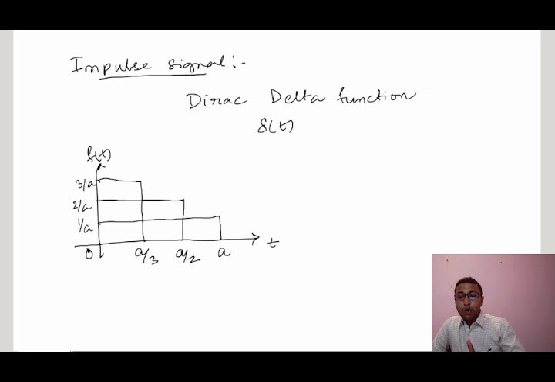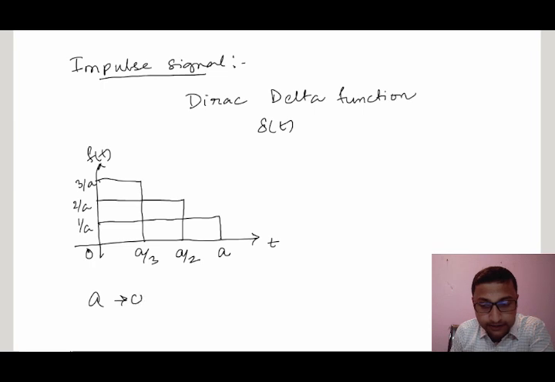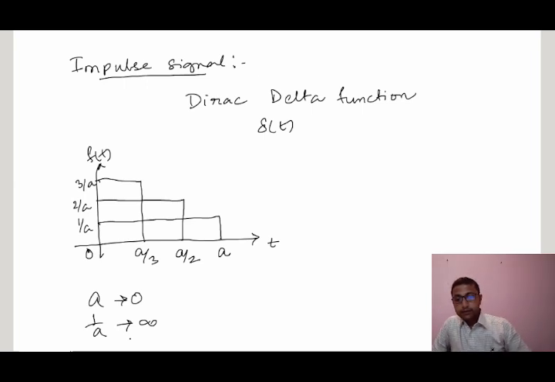If the function is compressed along the x-axis and stretched along the y-axis, compressed along the x-axis means A tends to 0, and stretched along the y-axis means 1 by A tends to infinity. As I said previously, it is a very sharp pulse with large magnitude and infinitely small width.